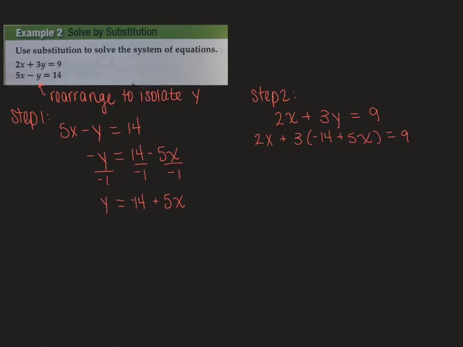All right, so now we only have one variable. That means we're good to go to solve for x. We have 2x, and then 3 times negative 14 is going to give us negative 42. I'll make that a minus sign.